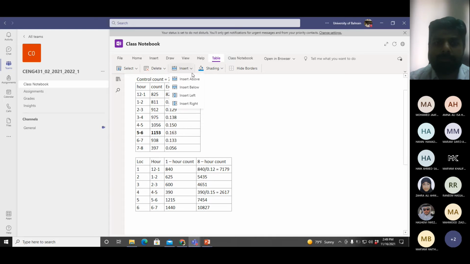Okay. So for example, the total for location 1 is 7179 and 16.3% of the total comes in the peak hour.